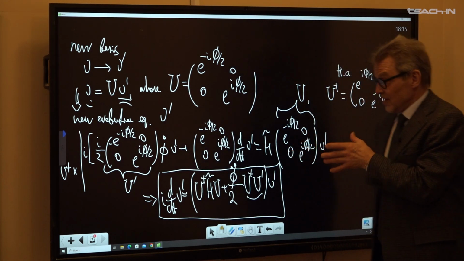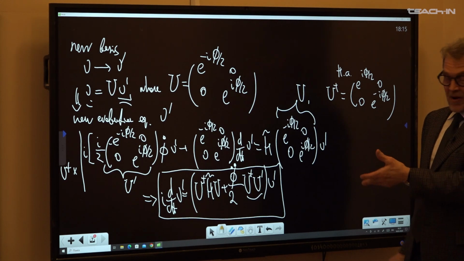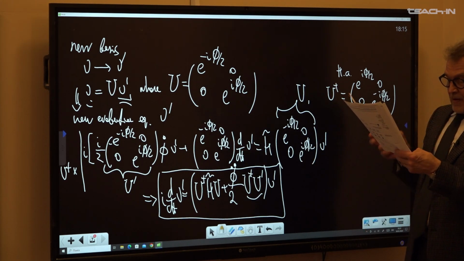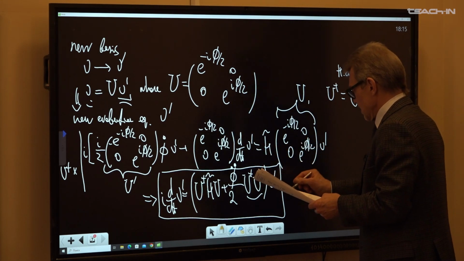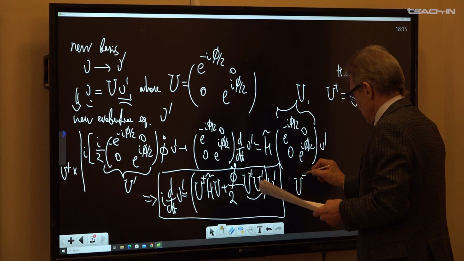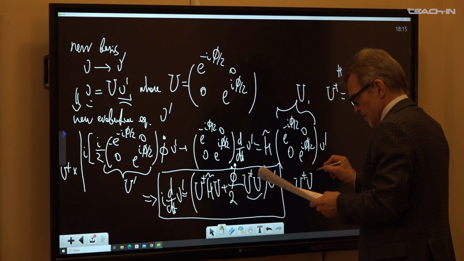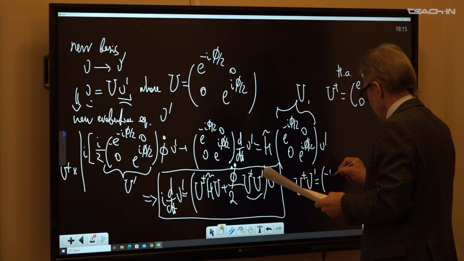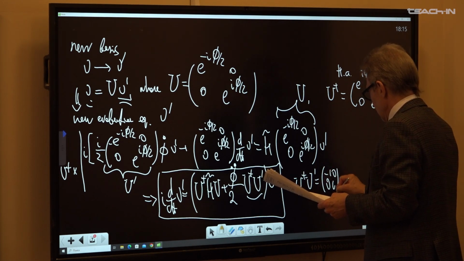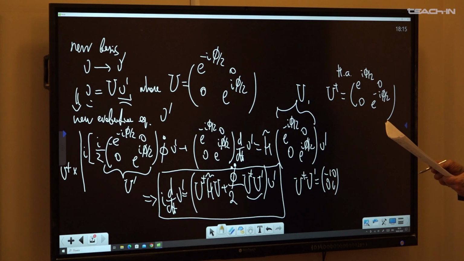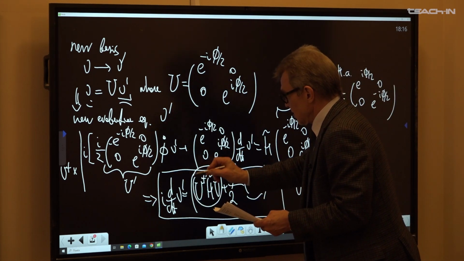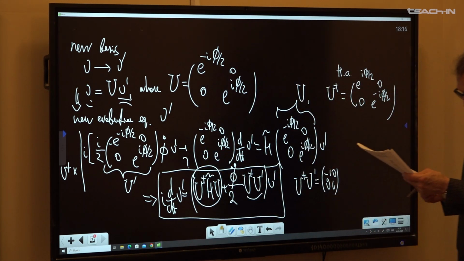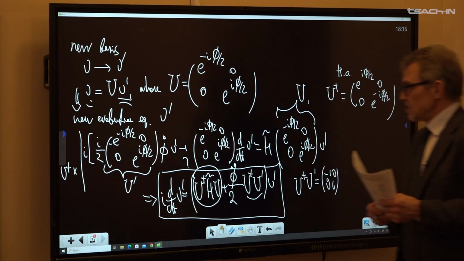And now we can solve this problem. So, as I mentioned, this U equals minus 1, 0, 1. It is like this. And now we have to calculate this to go further.